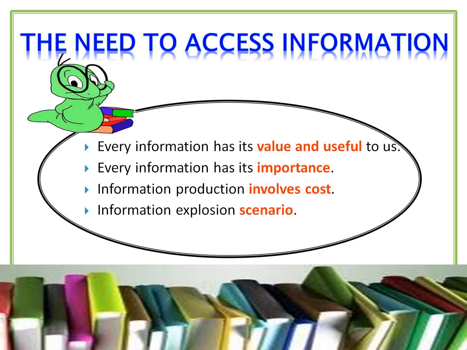In order to produce an information, the raw data itself needs to be synthesized and evaluated, and therefore this procedure involves cost. So that is why we need to grab this information, because it involves cost.